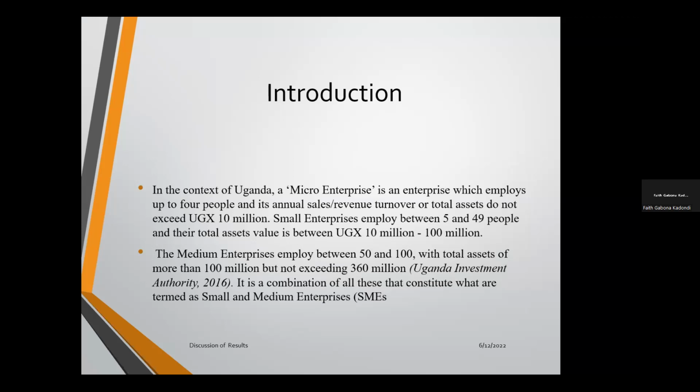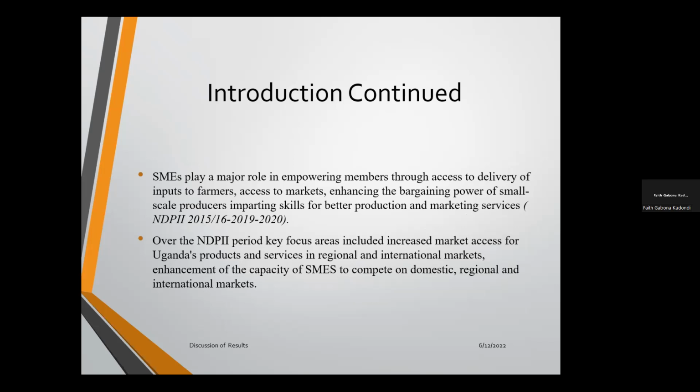Small enterprises employ between 5 and 49 people, and their total asset value is between 10 and 100 million. Medium enterprises employ 50 to 100 people with total assets of more than 100 million, but not exceeding 360 million. That is according to the Uganda Investment Authority. So a combination of all these constitutes what are termed small and medium enterprises.